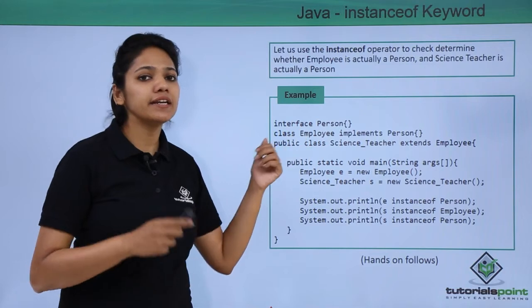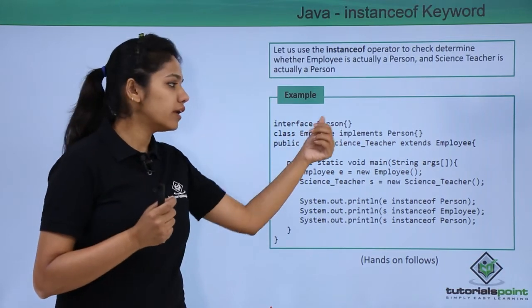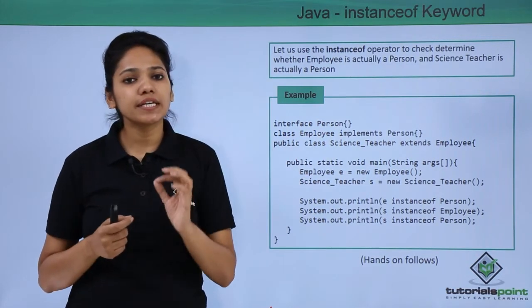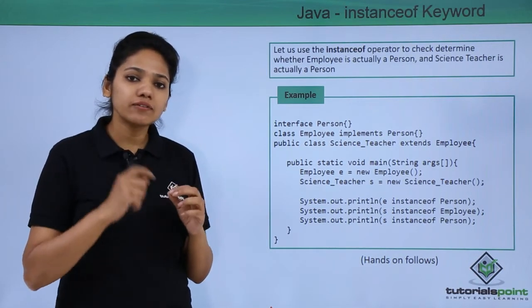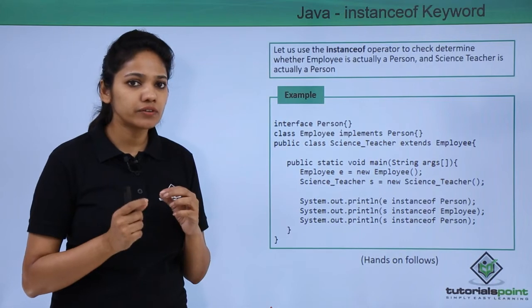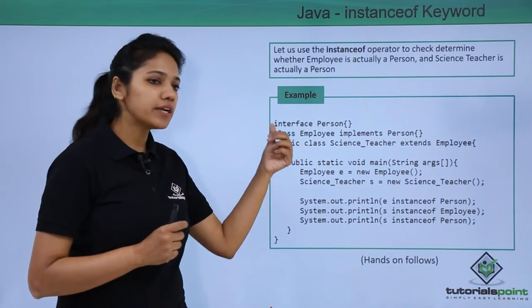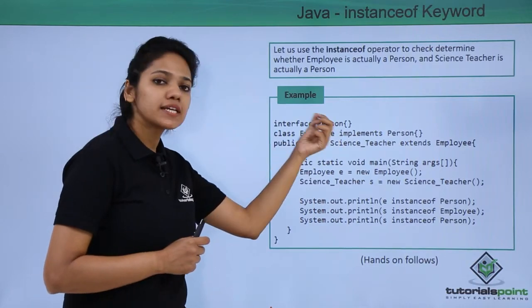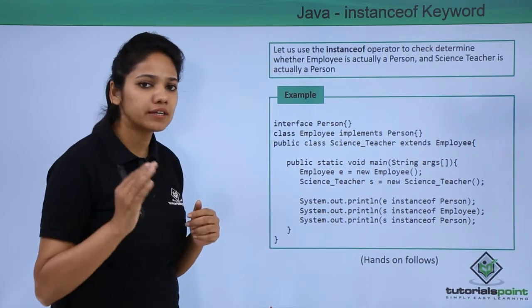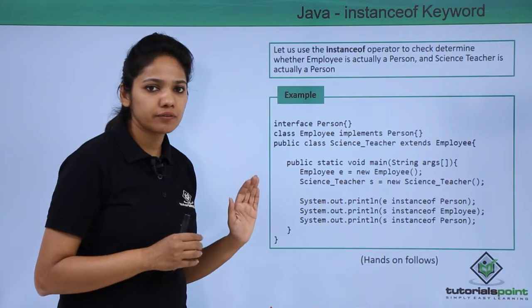We have created an interface called person. Till now we were creating a class, but now we are creating an interface. What an interface is, we will learn in the going forward videos. We are just creating an interface called person, which is an empty interface.